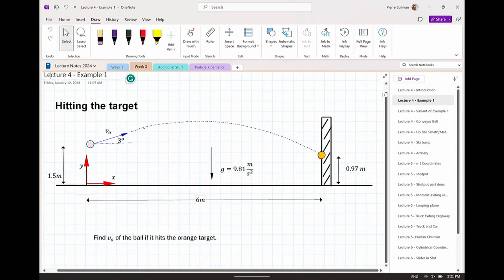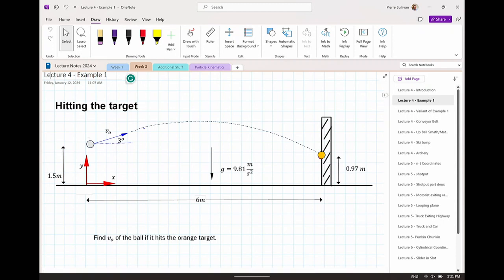I have a ball that is located 1.5 meters up. I have defined on that figure an xy coordinate, so a 0 location. The v naught is at an angle of 3 degrees with respect to the horizontal, so right here. V naught, 3 degrees.